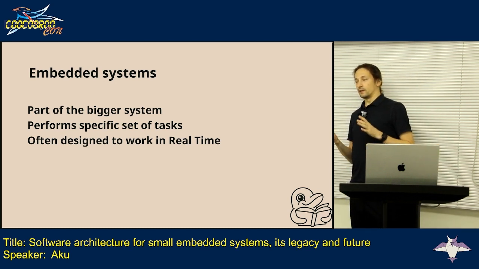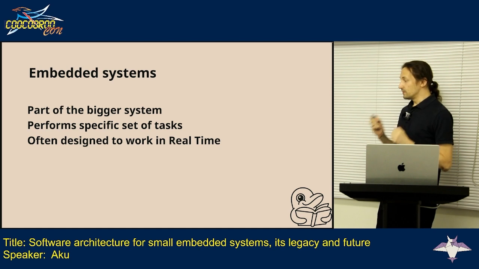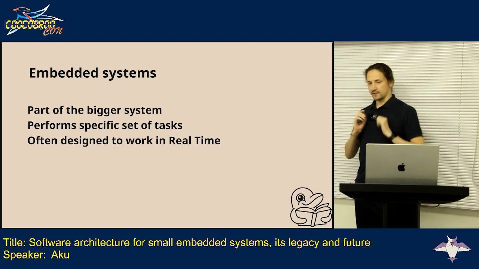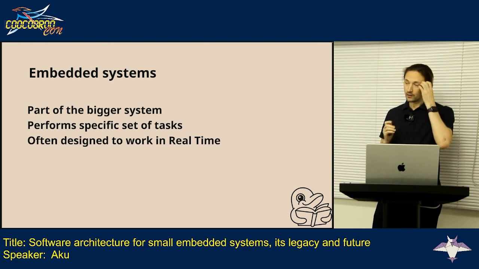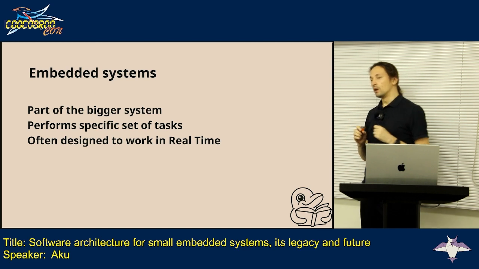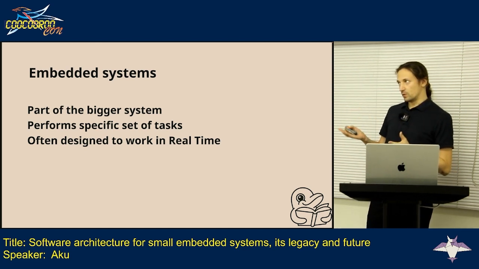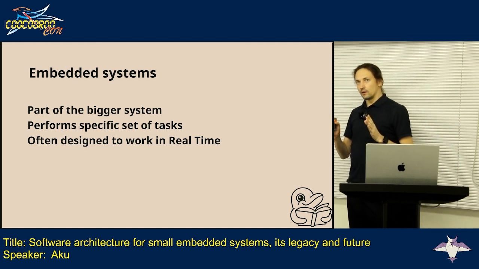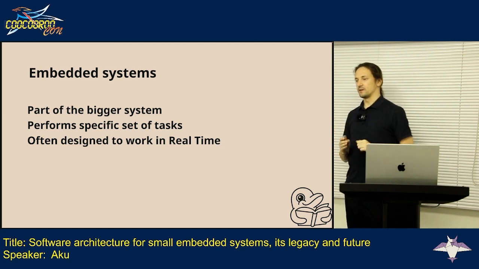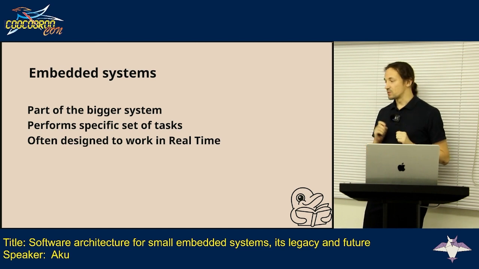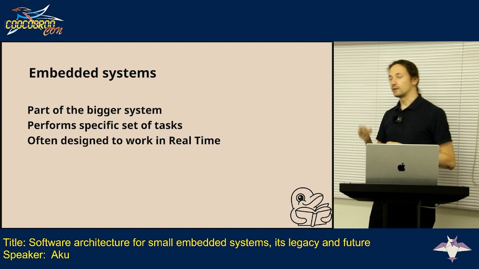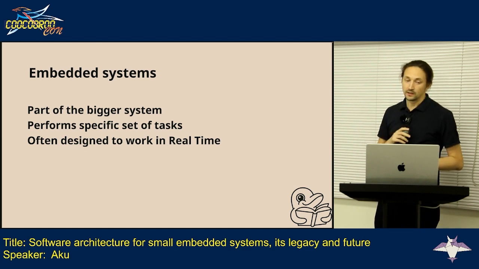That's what makes embedded systems different. They usually get enough resources to perform their task, and that's it. Often those systems are designed to perform real-time tasks, and by real-time we mean something that reacts to an event in a specific time. I'll tell a little more about why it's important and what kind of systems actually use that.